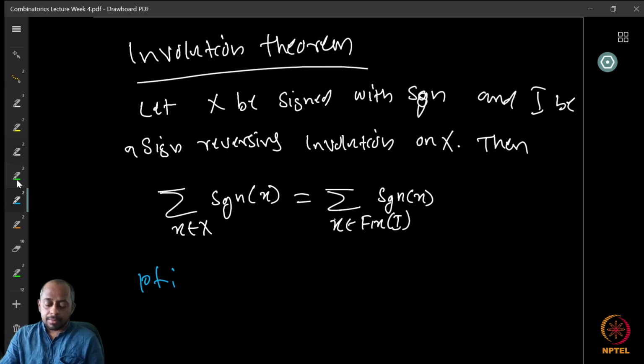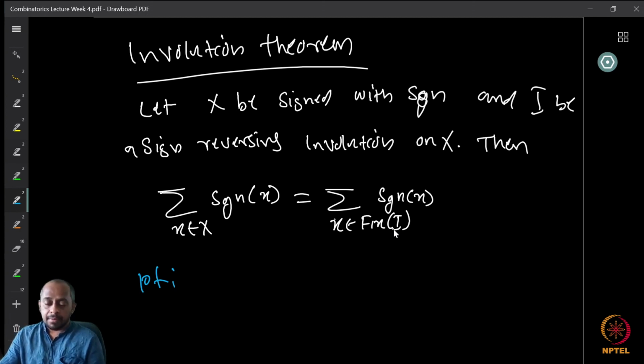Just looking at it, we can see why this should be the case. If you look at all the elements that are not fixed by I, I basically takes the element that is not fixed and changes the sign, and because the square of I applied again gets back, it's a bijection.